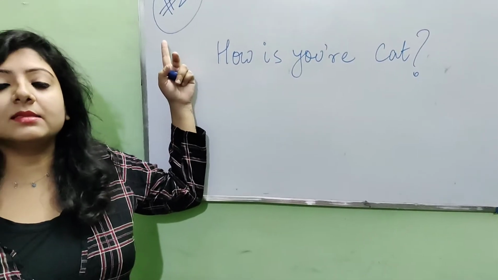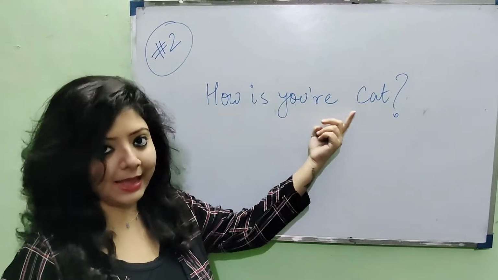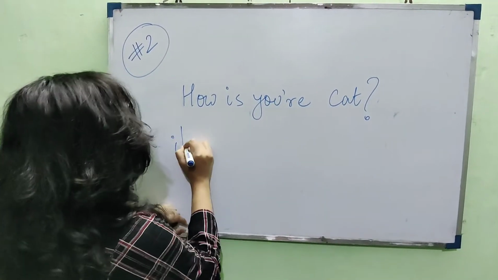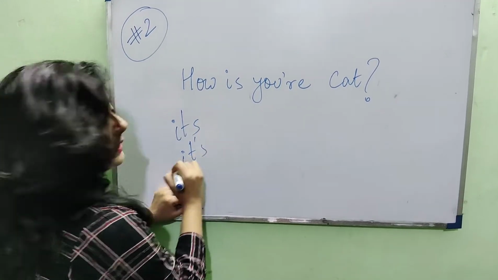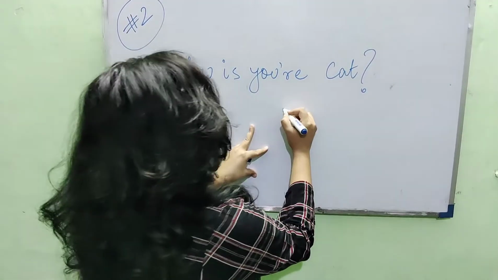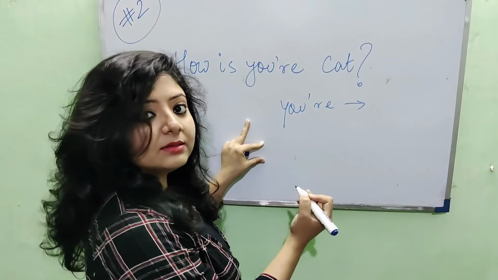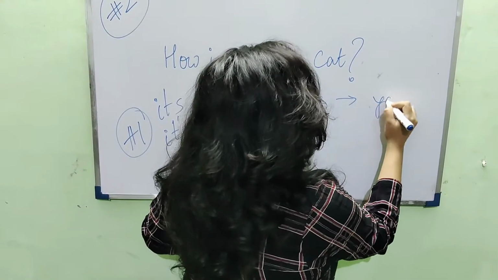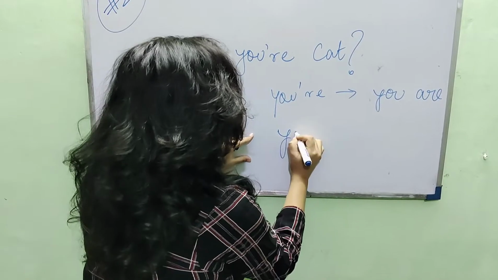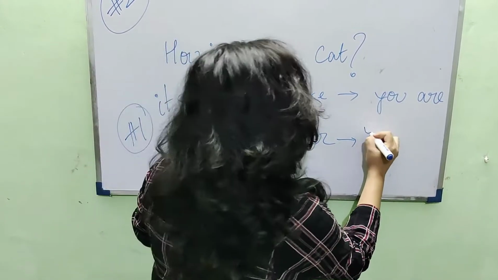Okay, so that's the second error which was there in the letter. How is your cat? It sounds like that, but it's a similar problem. We had just done it's and its in our first error. This is quite similar to that one. Here also, you're is basically the contracted or the short form for you are. And when we are talking about your, again we are talking about possession.